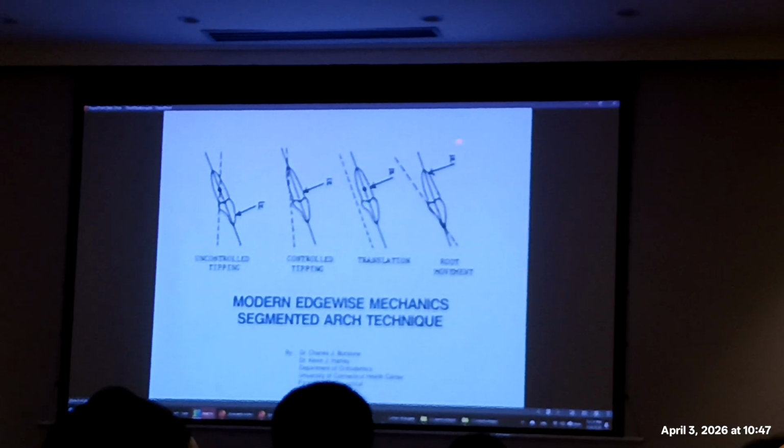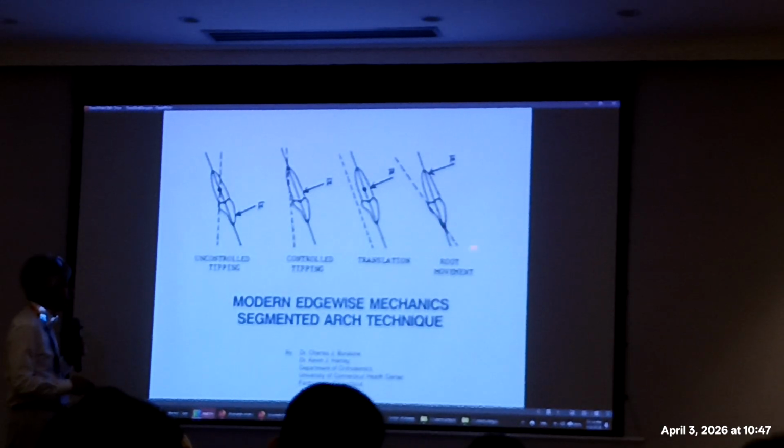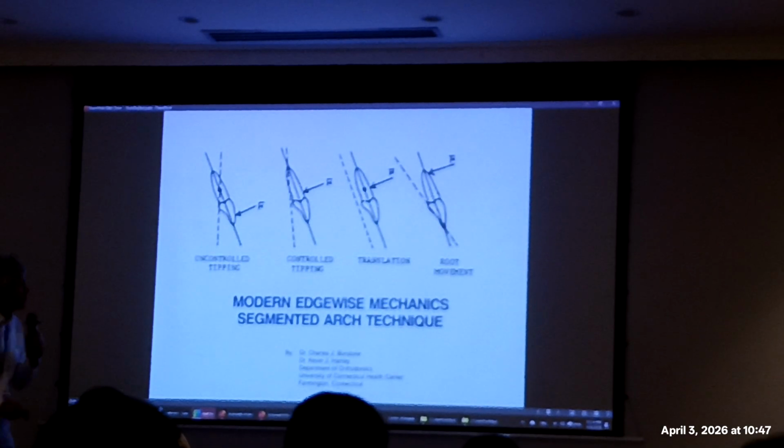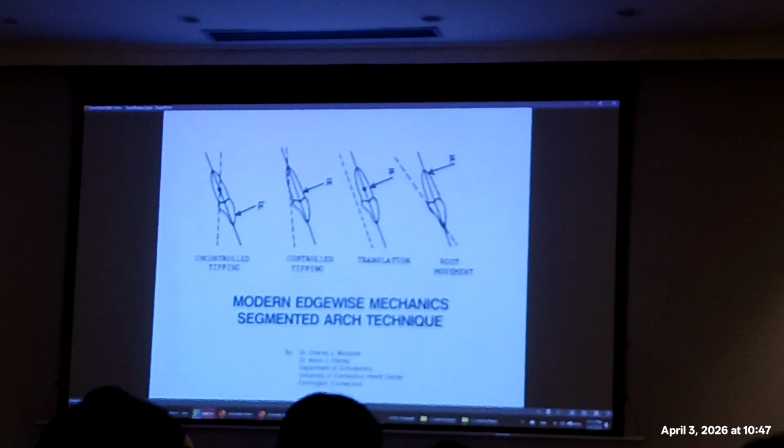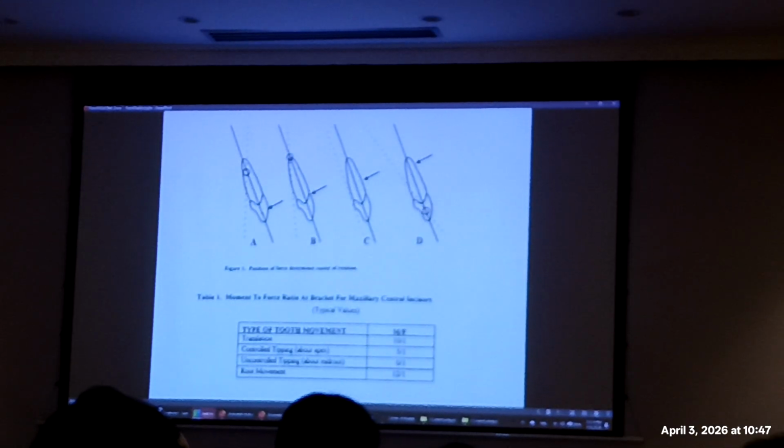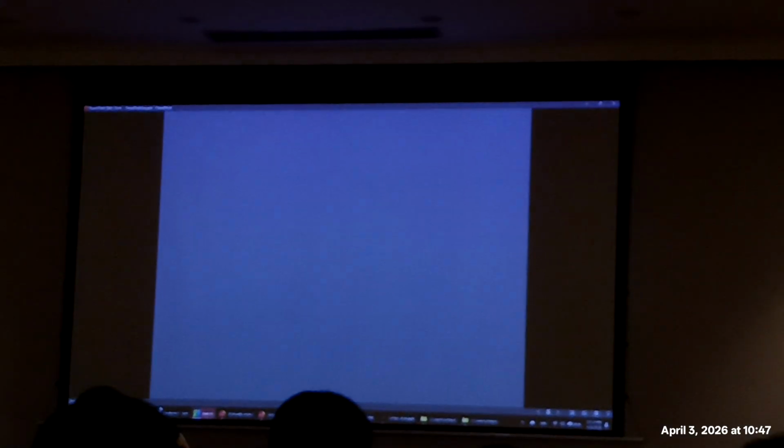If the root is moving, rotating around the incisal edge or the bracket, that is called root movement. And this force indicates the location of the force that we calculated using the center of rotation calculator. So how much is the moment to force ratio? It's like this. And I'll explain about this. Let's see.